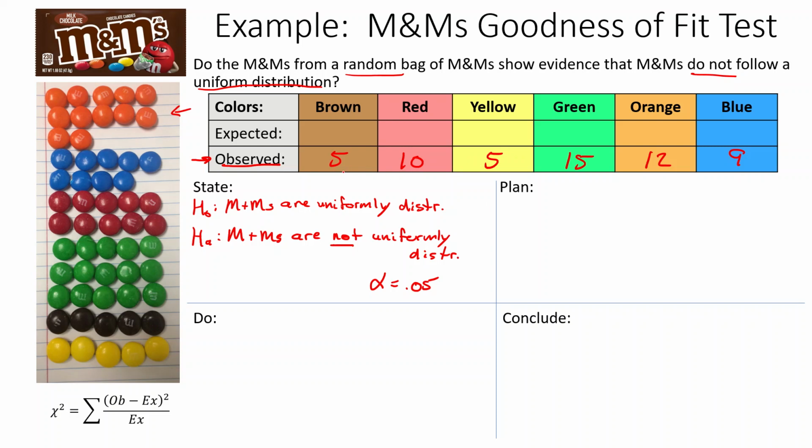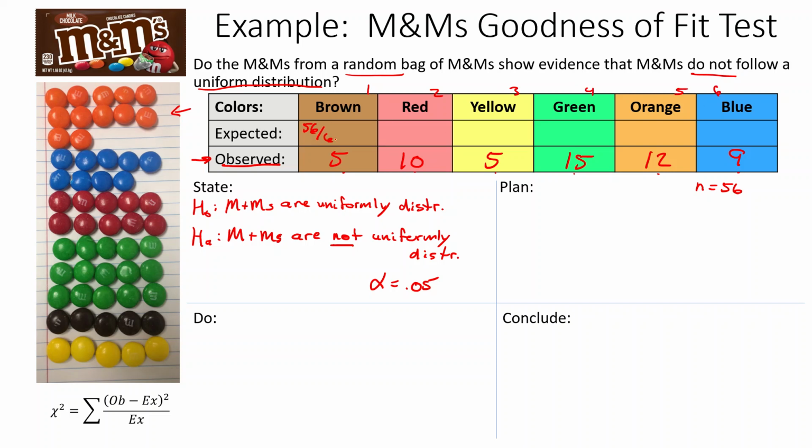So those are our observed values. Now, if we add these up, 5 plus 10 is 15, plus another 5 is 20, plus 15 is 35, plus 12 is 47, plus 9 is 56. So 56 is our total. That means our expected value for each one is 56 divided by, let's see, we have 1, 2, 3, 4, 5, 6 categories.